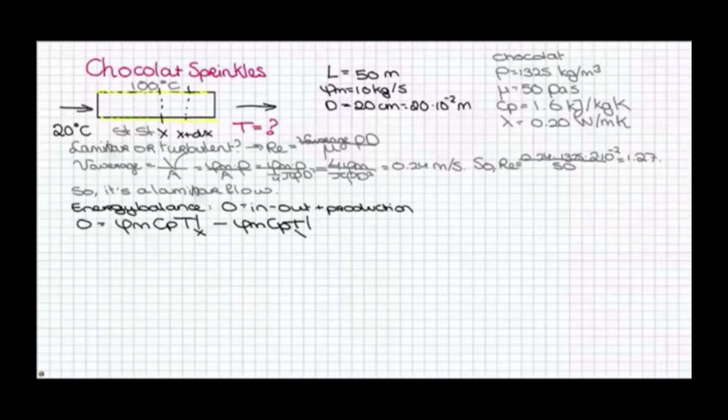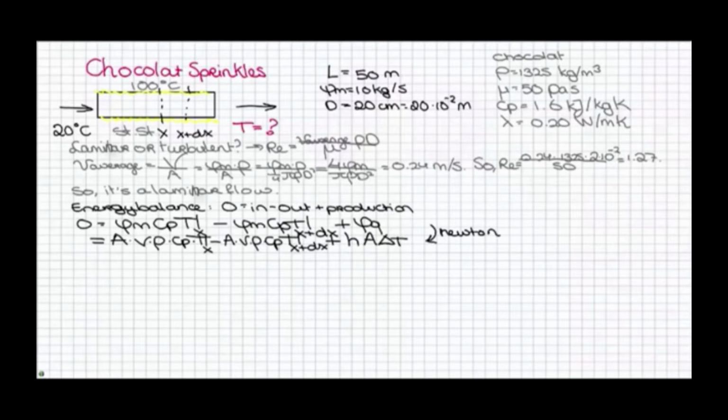The heat that is produced is caused by the heat of the wall that transfers to the chocolate, which is called Q. The mass flow can be described as the volume flow times the density, and using Newton's law gives the following equation.